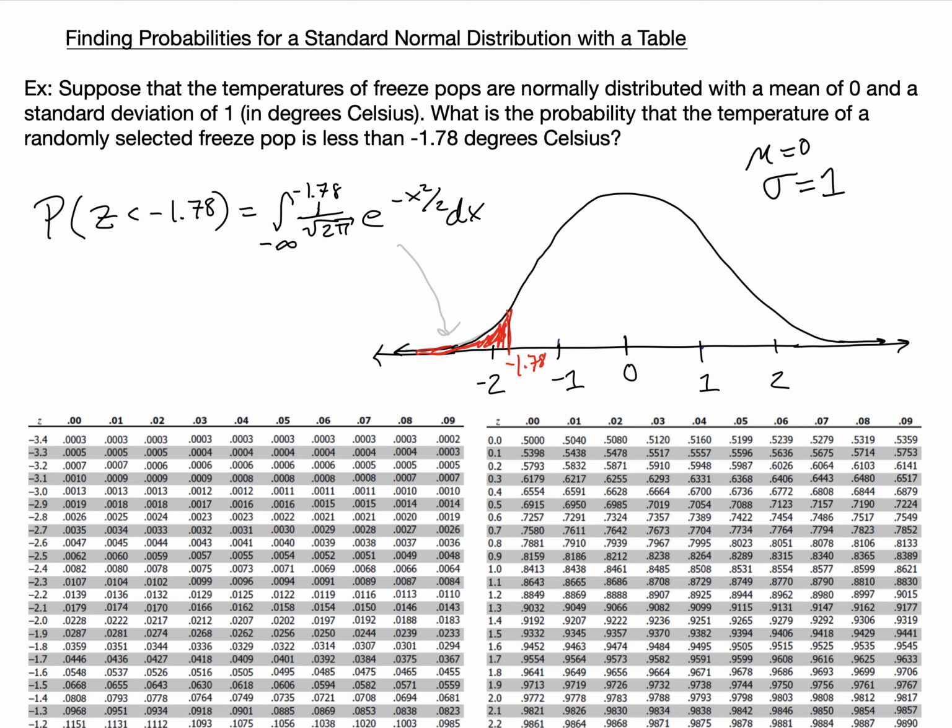That probability technically is equal to the integral from negative infinity up to negative 1.78 of 1 over the square root of 2 pi times e to the negative x squared over 2 with respect to x. And that integral is equal to that red area, that shaded area under the curve, and it's also equal to the probability that we're interested in.